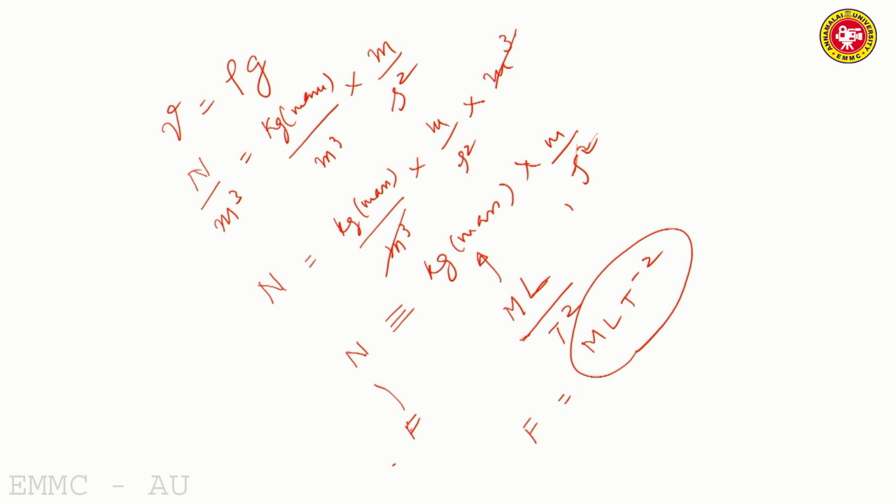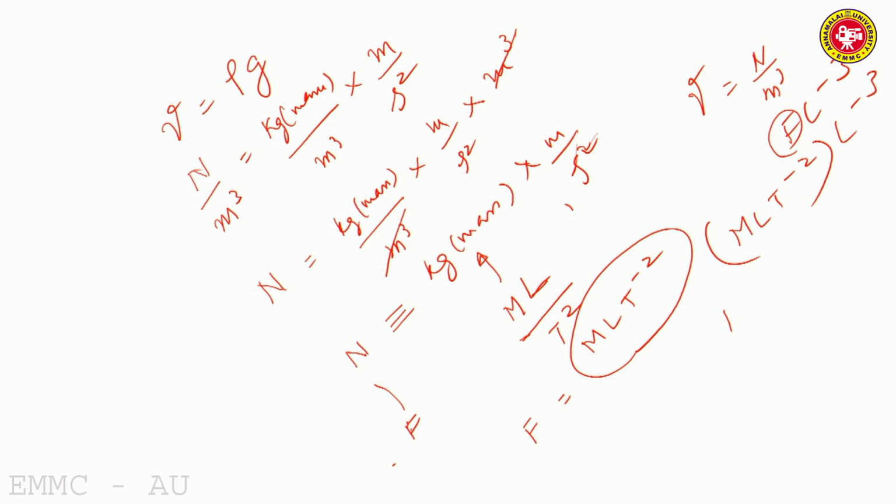So what about the dimensions of specific weight in the MLT system? Specific weight has units of Newton per meter cube, that is F L power minus 3, or F by L cube. So F can be replaced by M L T power minus 2 into L power minus 3.